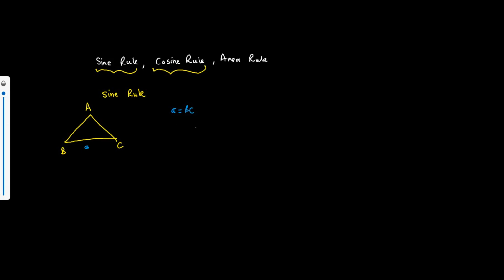So let BC be equal to a and let AB be equal to small c. That is the length of AB. And the length of AC is lowercase b, the variable b, because remember, variables are always small caps.